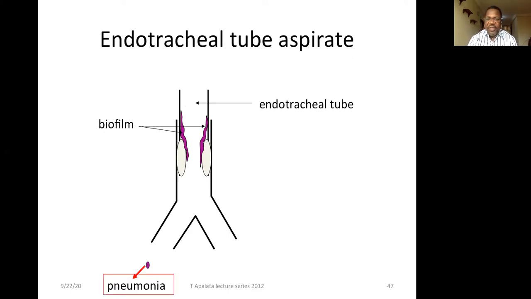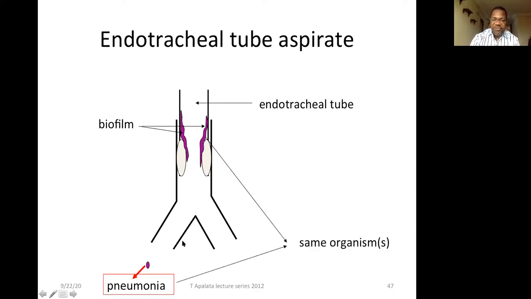So among these patients, you can aspirate some of the secretions within the endotracheal tube, or through the endotracheal tube, and send it to the lab for examination. So that's what we call endotracheal tube aspirate. The same microorganisms that you can find in the biofilm are the ones that are responsible for causing the infection.